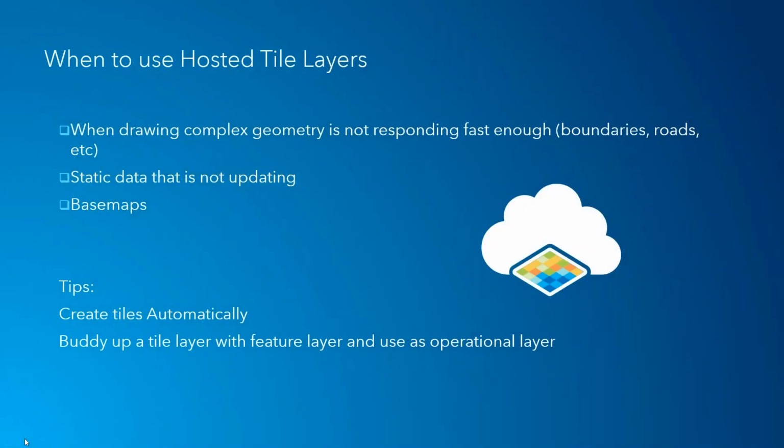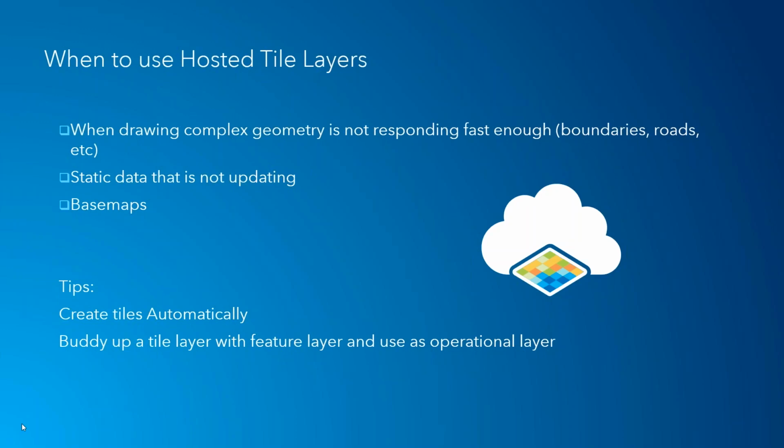Yeah, hosted tile layers. So hosted tile layers were the first example where the layers drew really quickly. What they are are pre-rendered images of a map. So in the specific example that we just saw, there was over 100,000 points. So what happens is ArcGIS Online pre-generates these images of what it needs to look like, and that image is ready to come back when it's requested from the application.